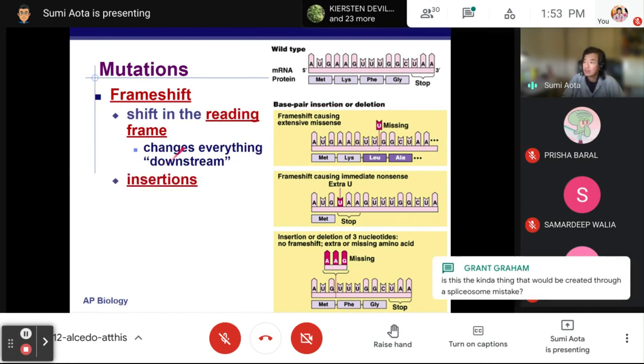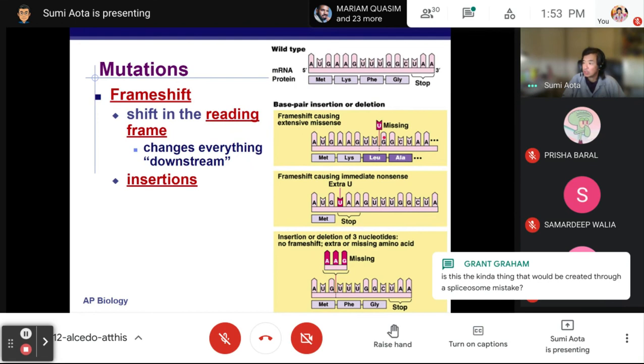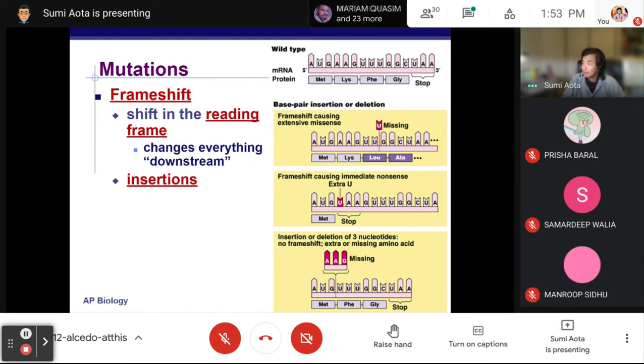So for example, if you have an insertion, okay, if you look at this one, the second codon is AAG. If you insert an extra U here, that becomes UAA, and look what happens. The third amino acid, instead of being UUU, becomes AGU, because you've shifted everything over by one nucleotide base.